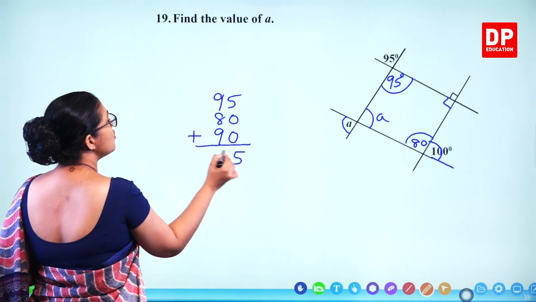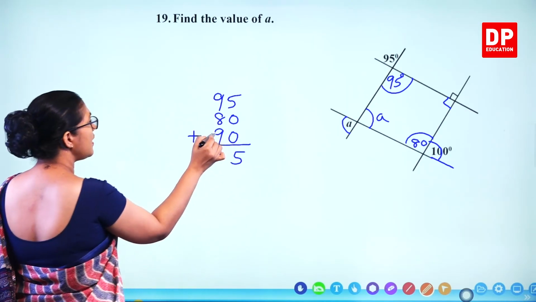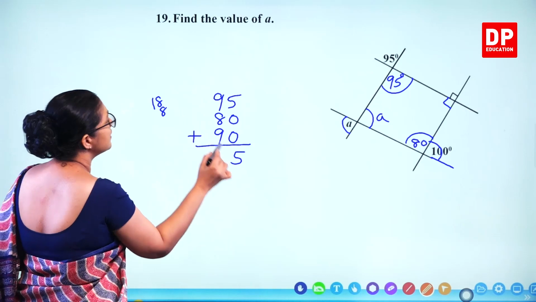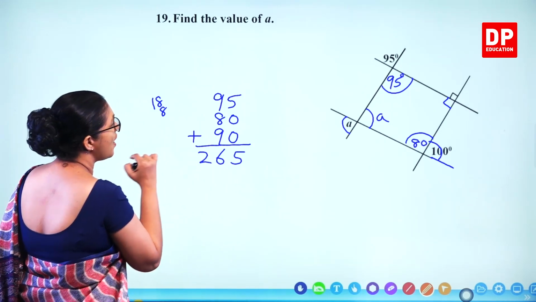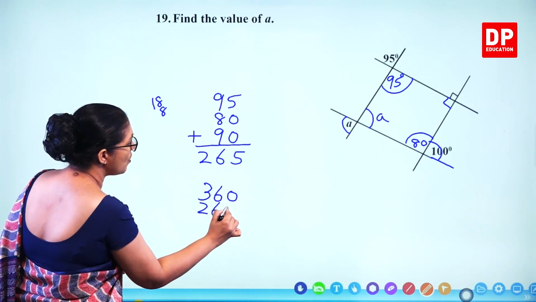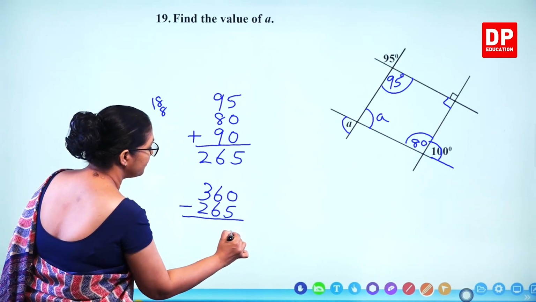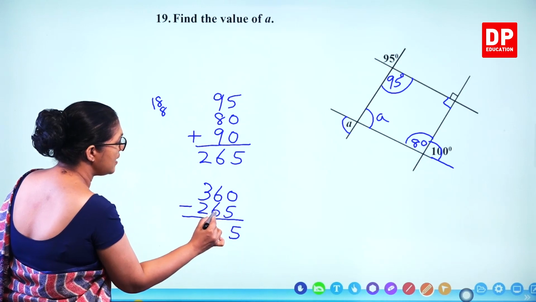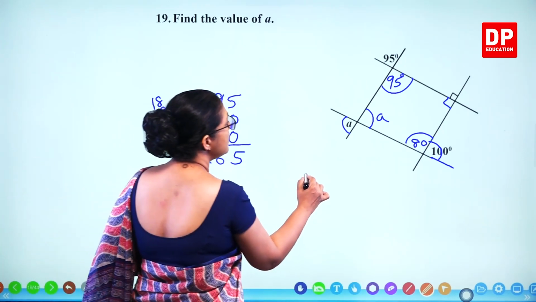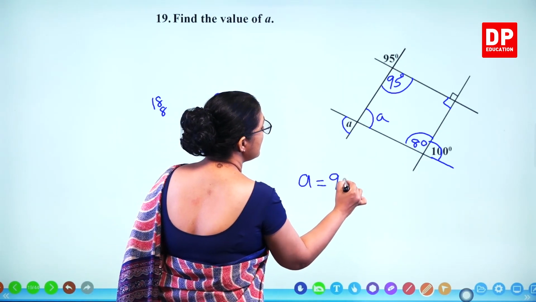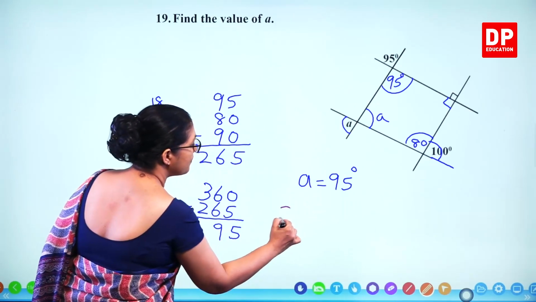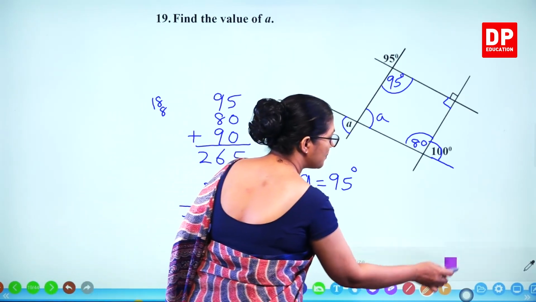When you add it, you get 265. So 360 minus 265. You get 95. So 95 degrees is the value of A. You get 2 marks.